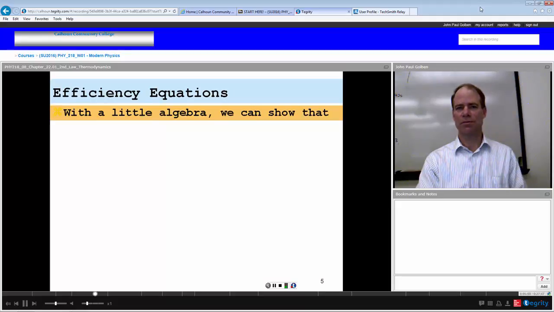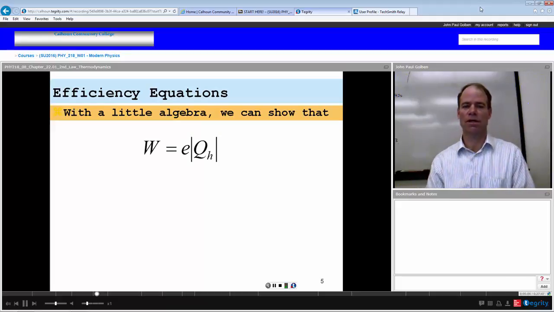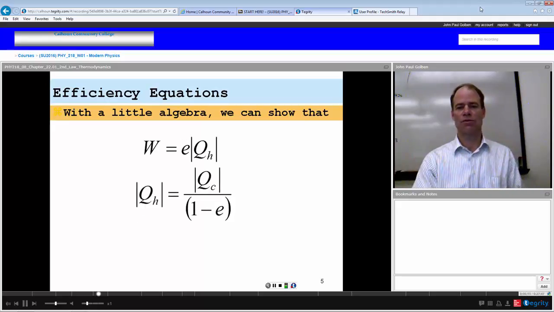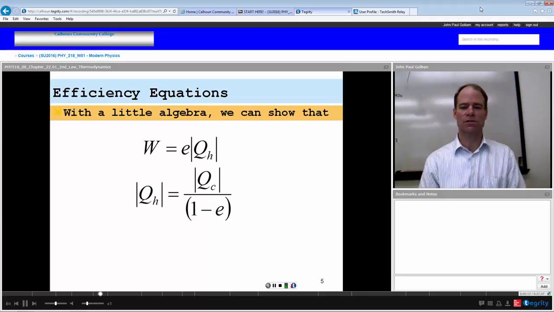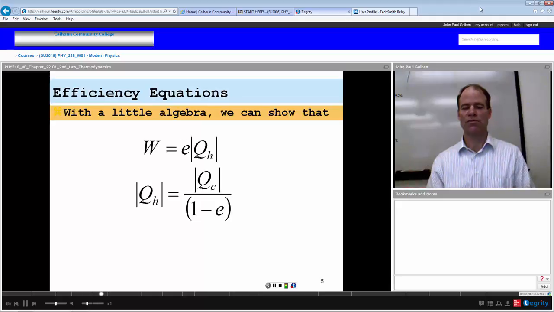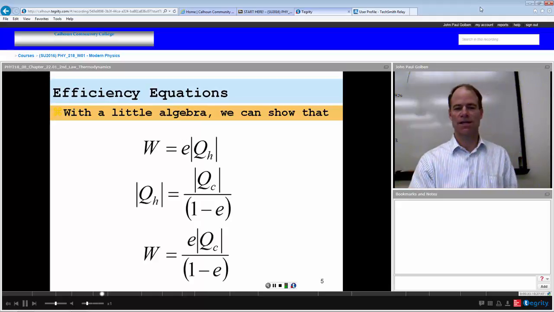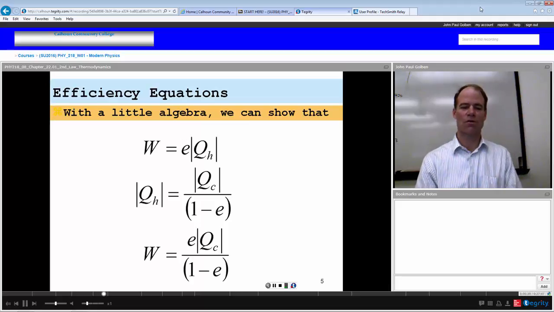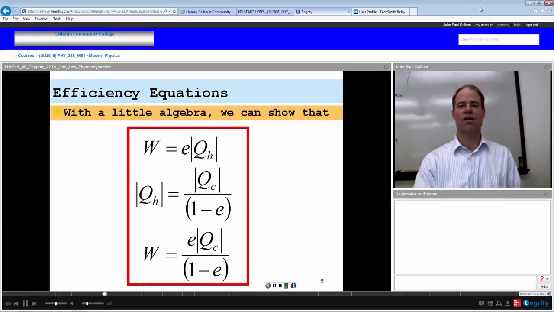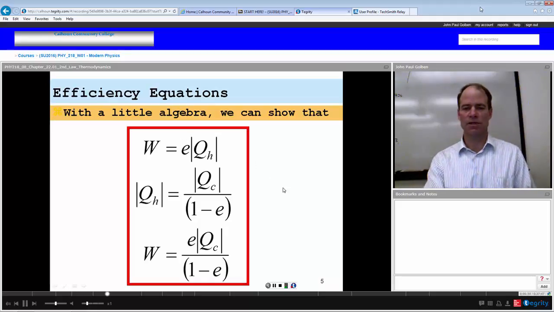With a little bit of algebra, we can manipulate this definition of efficiency, and we have that work is equal to the efficiency times the input from the hot reservoir, or equally, we can say that the input of the hot reservoir is equal to the input to the cold reservoir divided by 1 minus the efficiency, or work is equal to the efficiency times the input to the cold reservoir over 1 minus the efficiency. These are all algebraic manipulations of what we just saw previously, and any of these equations could be useful in dealing with heat engines.